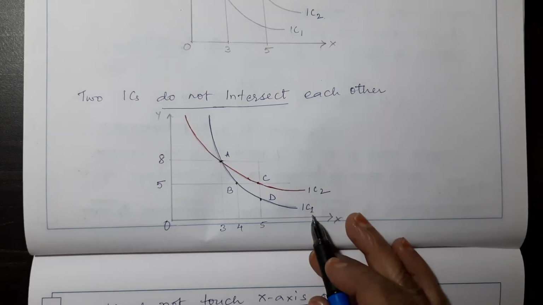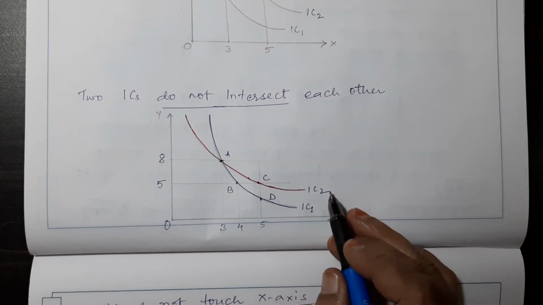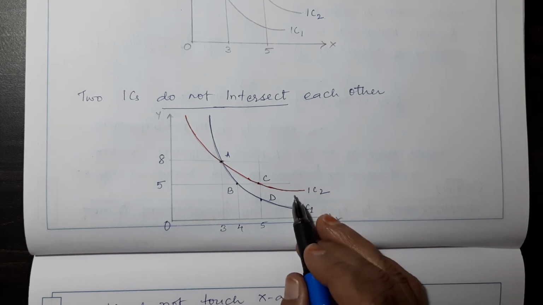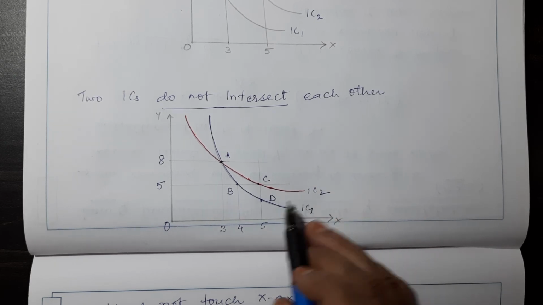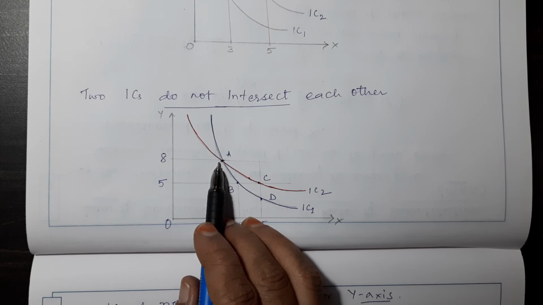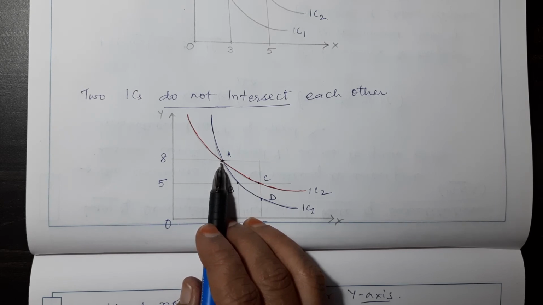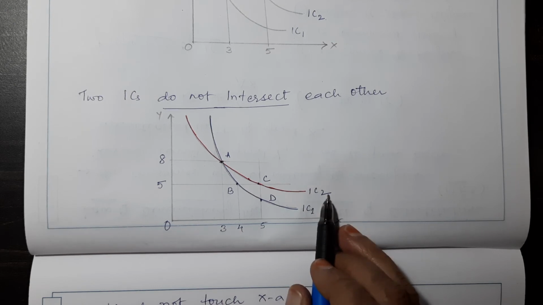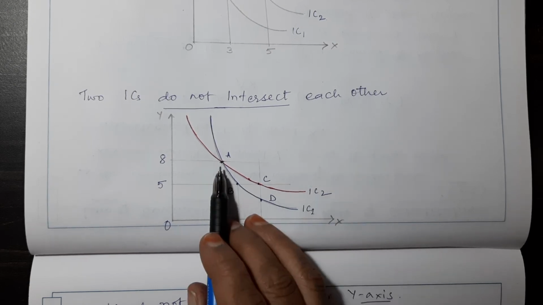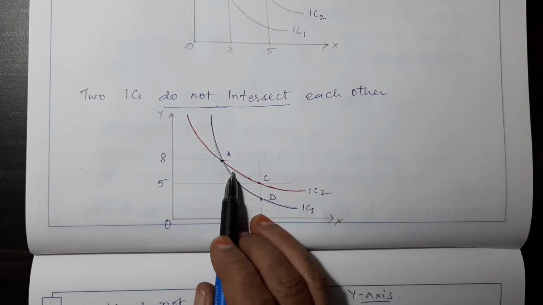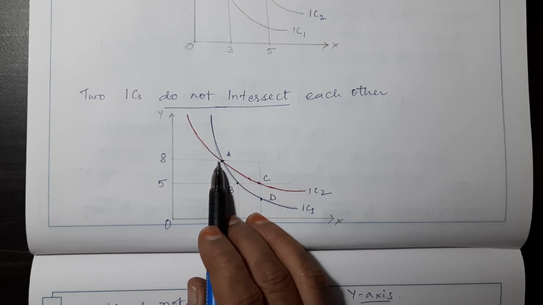IC1 is represented in blue and IC2 is represented in red. Now A is a common point. This would mean that he is getting the same satisfaction on IC1 and IC2. Is that possible? When A is present on both IC1 and IC2, it would mean that he gets the same satisfaction.